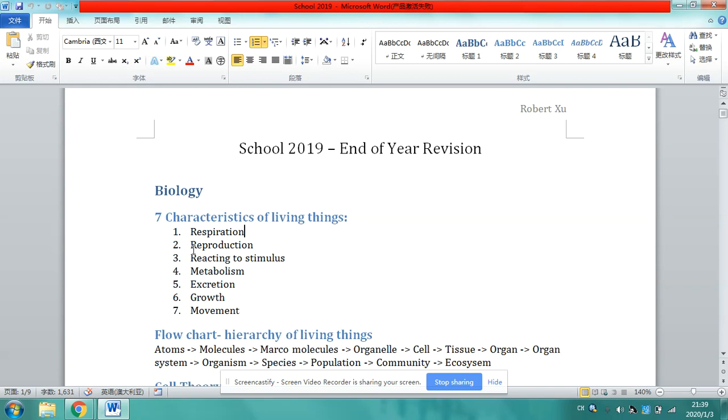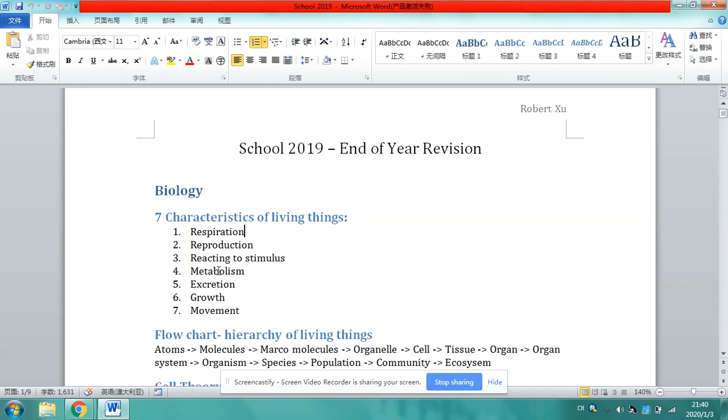Take the example of a liger, which is a mix of tiger and lion. They can't reproduce, but they are still alive. So a liger will only meet 6 of these characteristics, but it will still be alive.